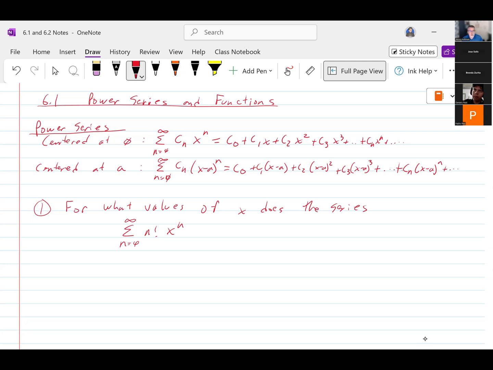The ratio test gives me a convergent series if the limit of the absolute values is less than 1. So I can use the ratio test, absolute value of a sub n plus 1 over a sub n, when is that less than 1? And when that's less than 1, I now know that it will converge for those values.